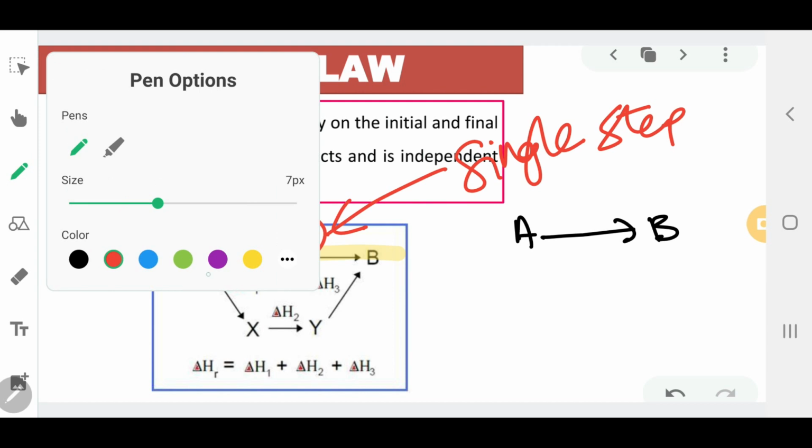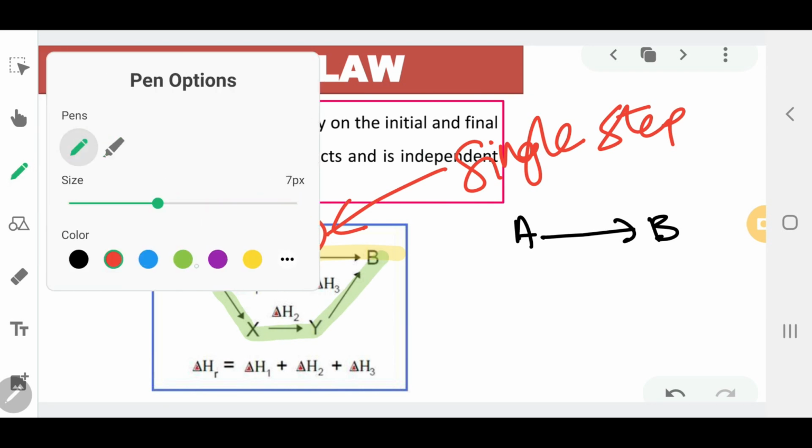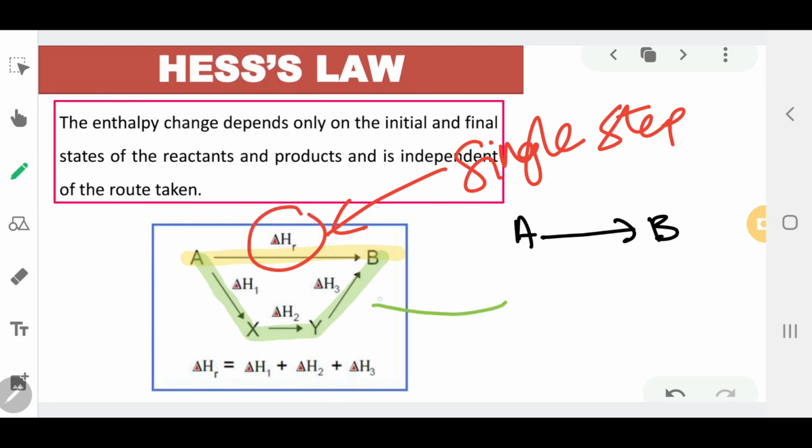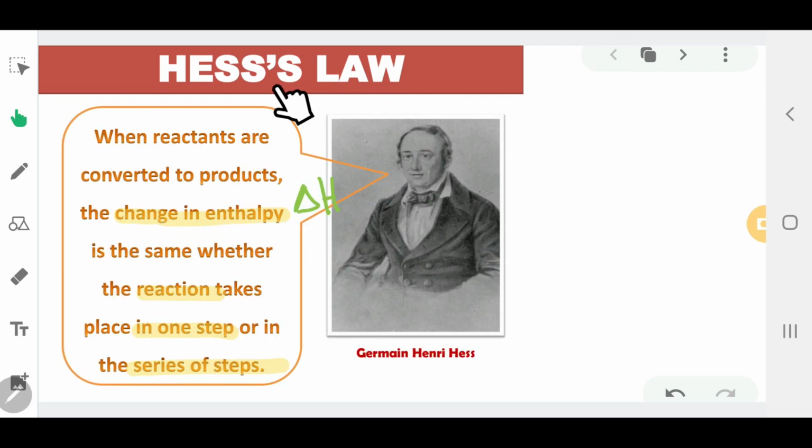And the one at the bottom is in a series of steps. Okay? So when you add up delta H1, delta H2, delta H3, the value will be the same as delta HR. So that is what Hess's law means.